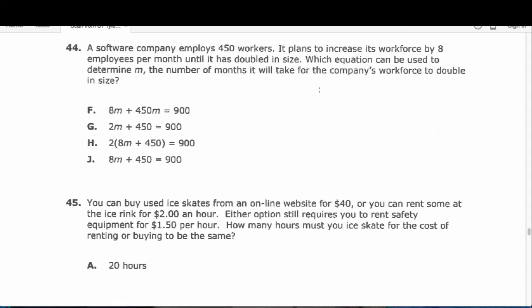F. 8M plus 450M equals 900. G. 2M plus 450 equals 900. H. 2(8M plus 450) equals 900. J. 8M plus 450 equals 900.